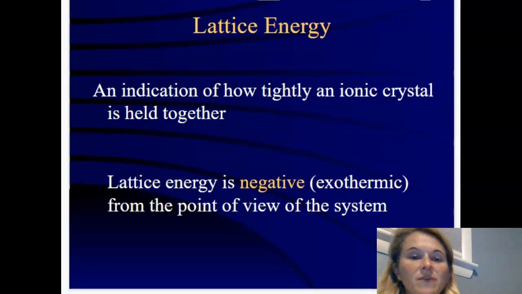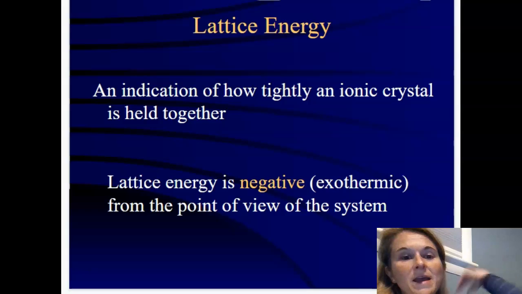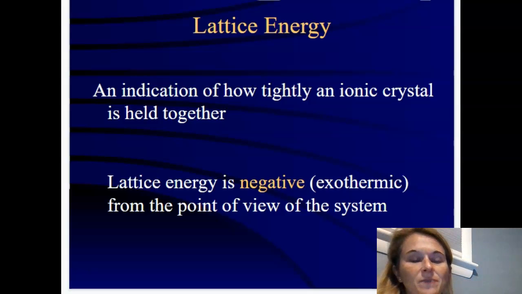An indication of how tightly an ionic crystal is held together is its lattice energy. Again, if lattice energy is negative, it is exothermic from the point of view of the system. How do we define system? The system is the outside of this bond.